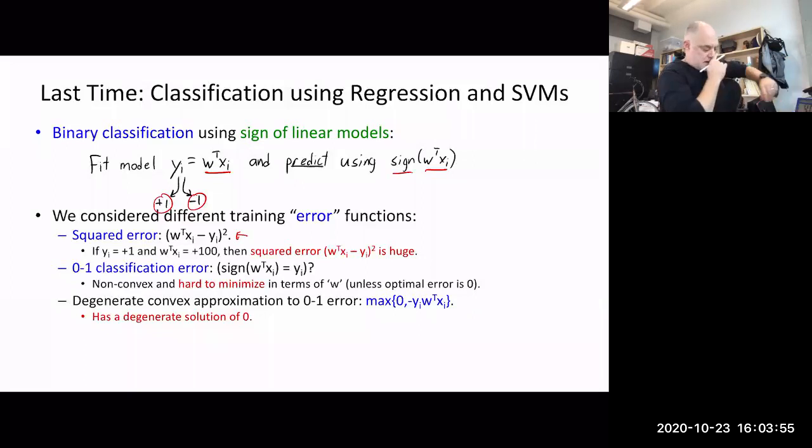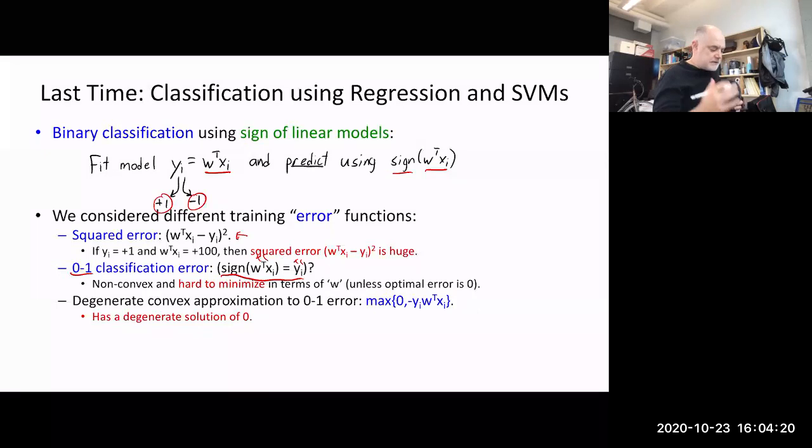So what we really want is the 0-1 classification error, where we get a loss of 0 if we get the sign correct, and we get an error of 1 if we misclassify the instance.